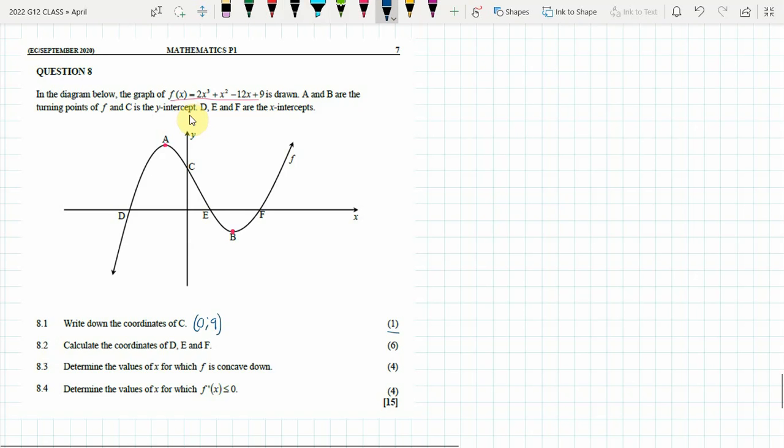Now 8.2. How do we determine the intercepts? Because we are told that D, E, and F are x-intercepts. We solve for x.